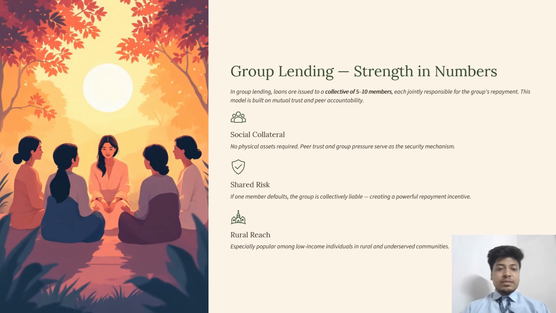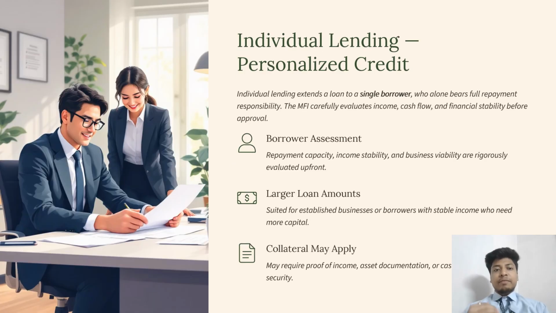Next, the third one is rural reach. Because this model relies so heavily on community ties and people knowing each other, it is incredibly popular in rural and unserved communities.